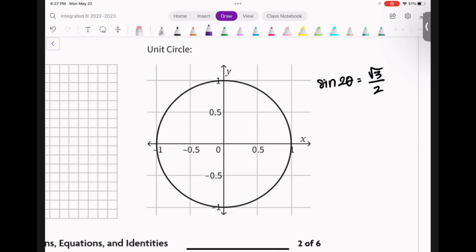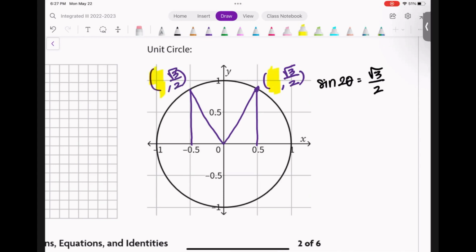So here, and it was these two triangles, right? Where these points here, the y was root 3 over 2, and the y here was root 3 over 2. They wanted me to find out those x values.